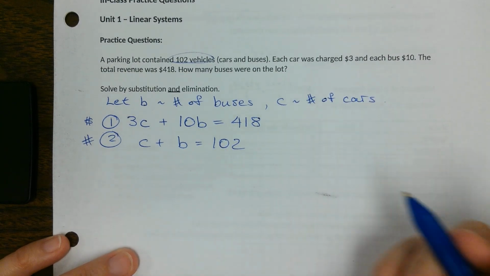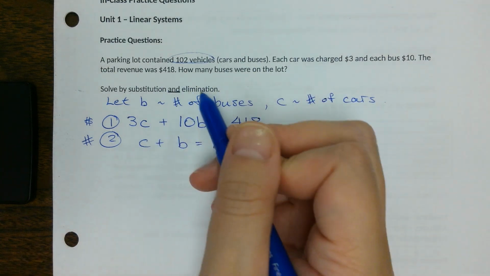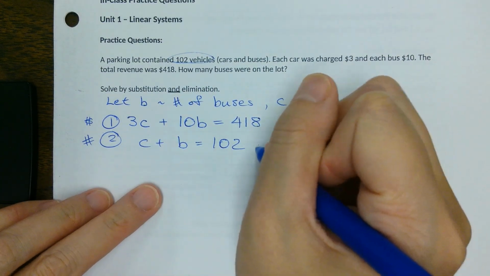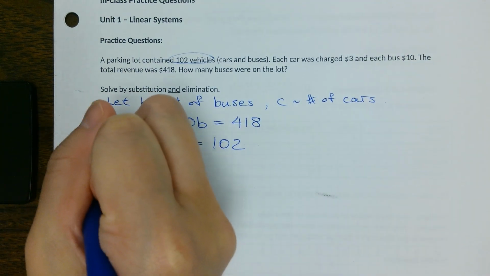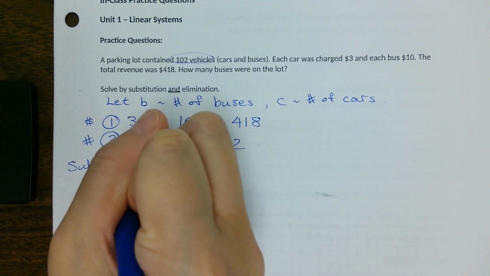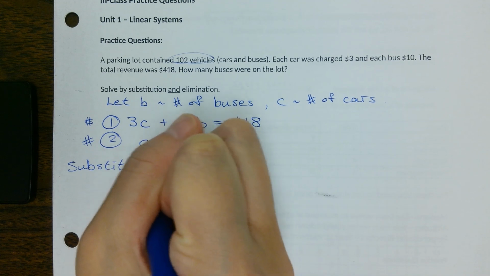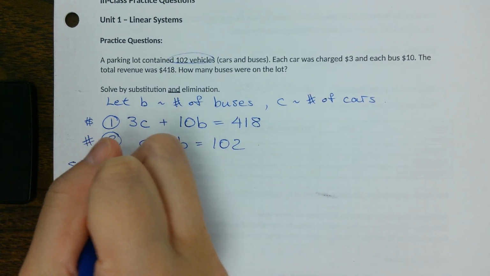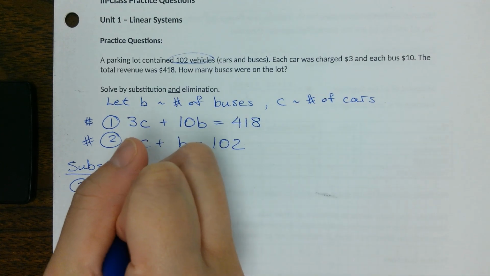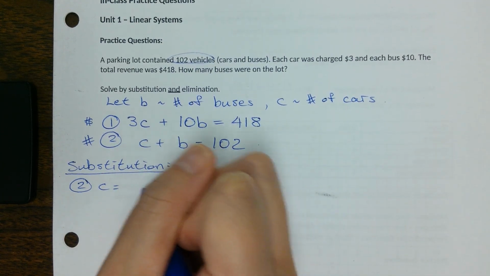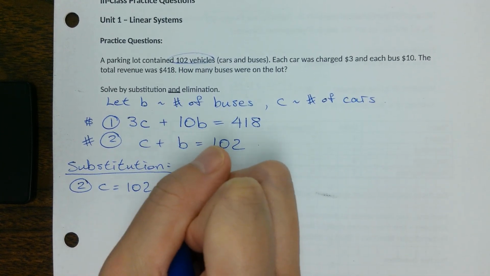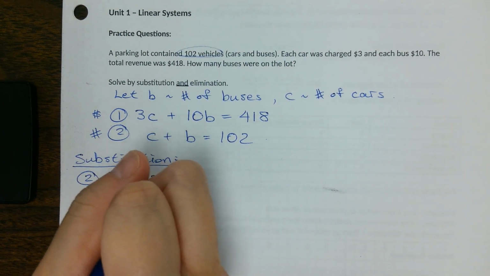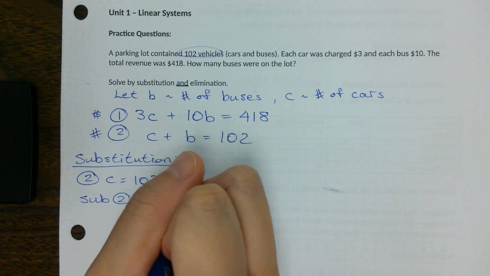Since we're doing substitution and elimination, let's do substitution first. Method of substitution. Equation 2, I'm going to rearrange it to C equals 102 minus B. Now I can substitute it into equation 1.